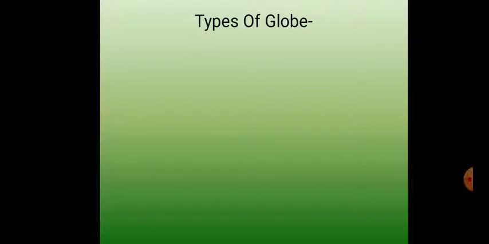There are different types of globes. As we know, a big one is not possible to carry from one place to another. So different types of globes are found.